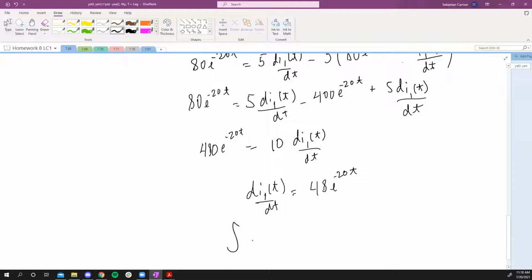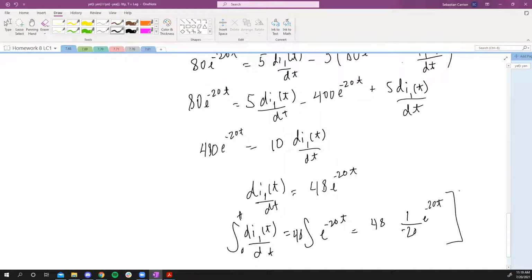We take the integral of di1(t)/dt, right? So then that would be 48 over negative 20 times e to the negative 20t.